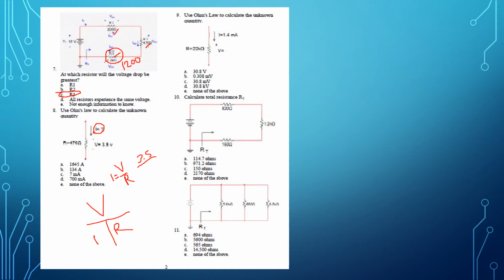This is kind of cloudy on your picture, but it's 470 ohms. So 3.5 divided by 470 is going to give you a current of 0.007 amps.